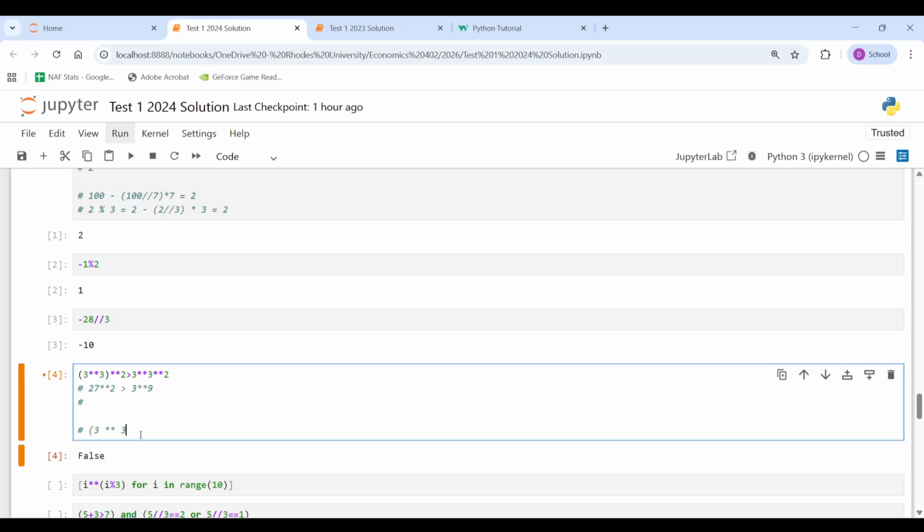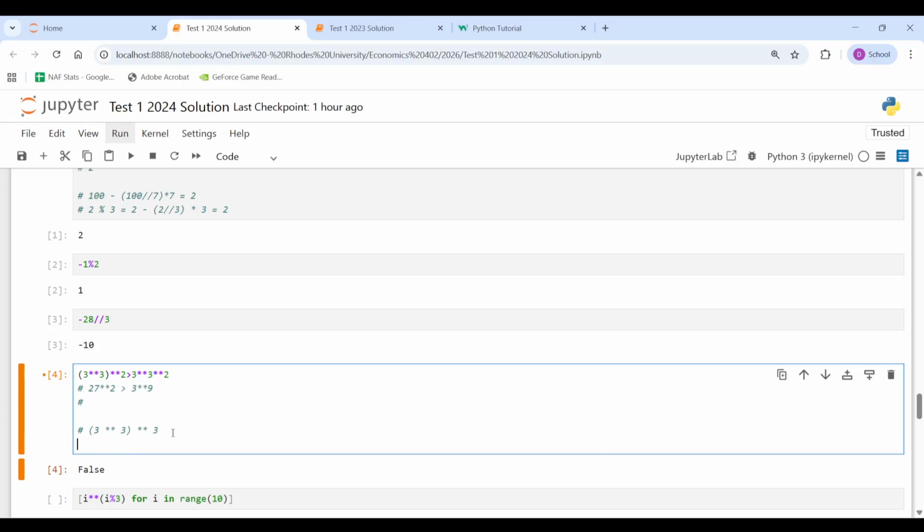So 3 to the power of 3 in brackets, and then to the power 3. Oh, so you're saying I can just multiply this and this to get, in that case, it's true. Exactly. Yeah, no, that doesn't work in Python. So it does the parentheses first. It's going to do this first and then do that.